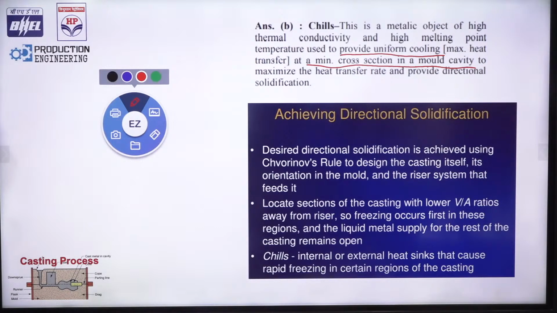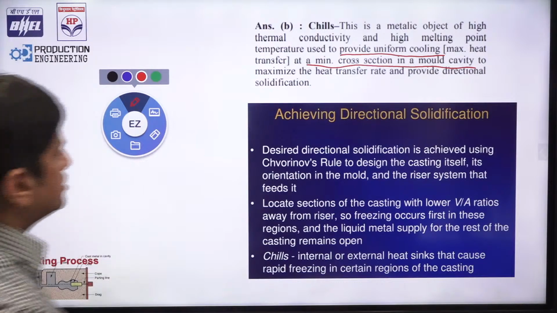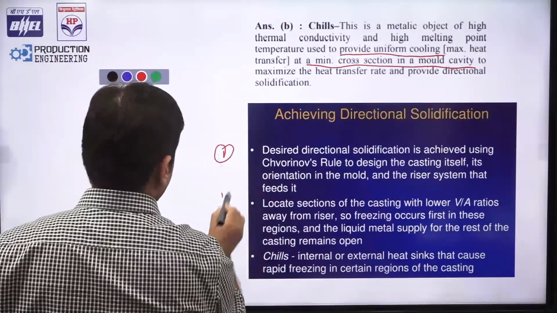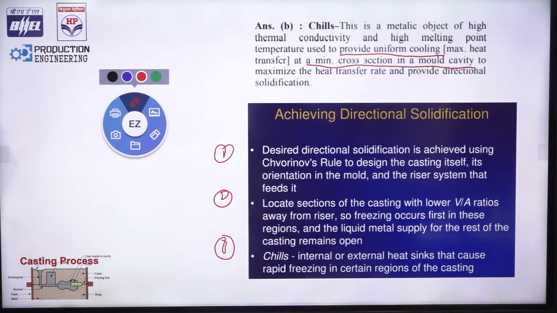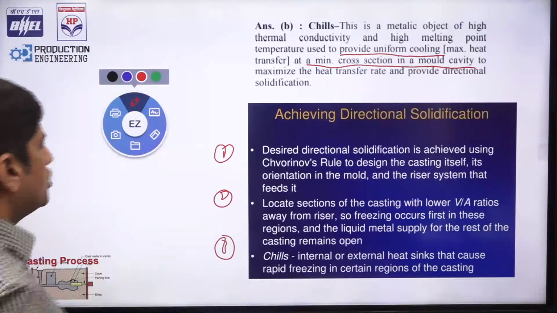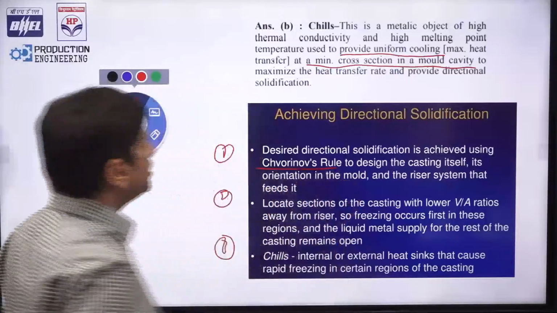You should know that directional solidification is achieved using Cherepanov rule to design the casting itself. So how do you achieve it? There are three ways to achieve directional solidification. Remember these three ways. One is Cherepanov rule.